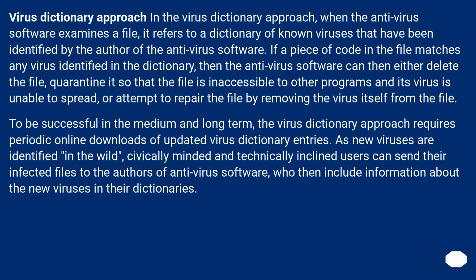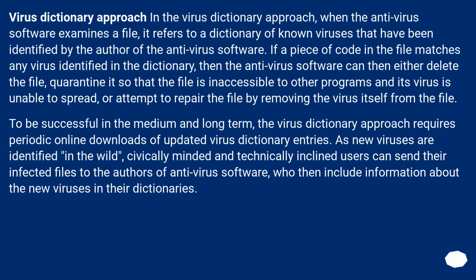Virus dictionary approach. In the virus dictionary approach, when the antivirus software examines a file, it refers to a dictionary of known viruses that have been identified by the author of the antivirus software. If a piece of code in the file matches any virus identified in the dictionary, then the antivirus software can either delete the file, quarantine it so that the file is inaccessible to other programs and its virus is unable to spread, or attempt to repair the file by removing the virus itself from the file.